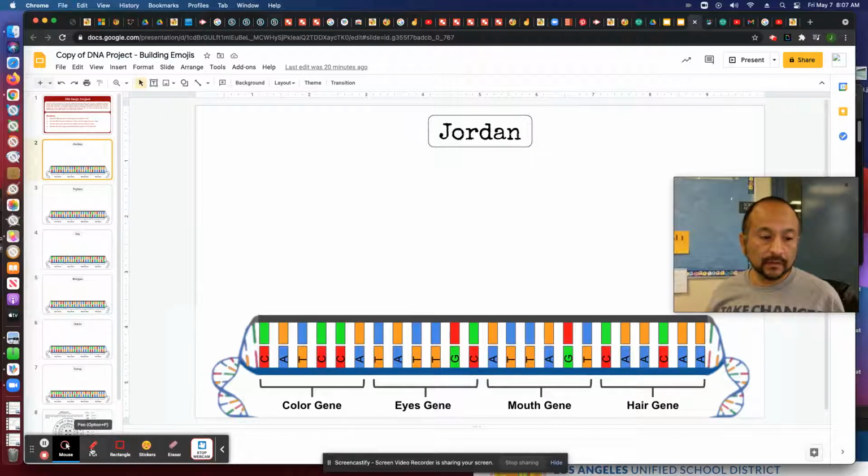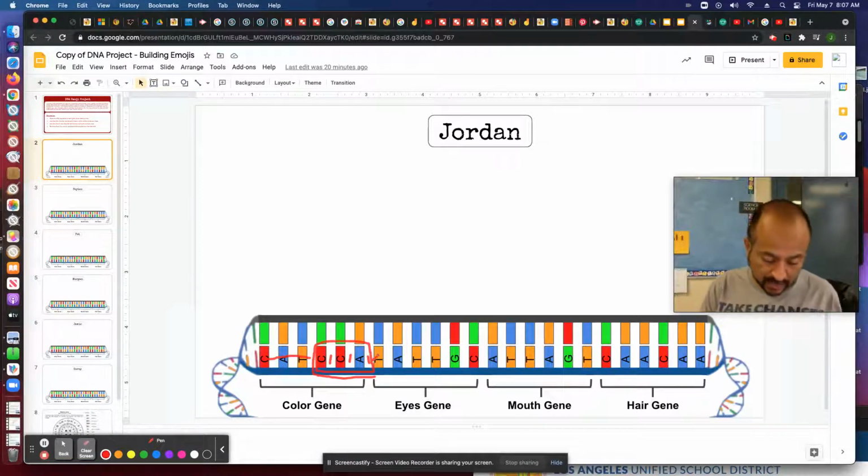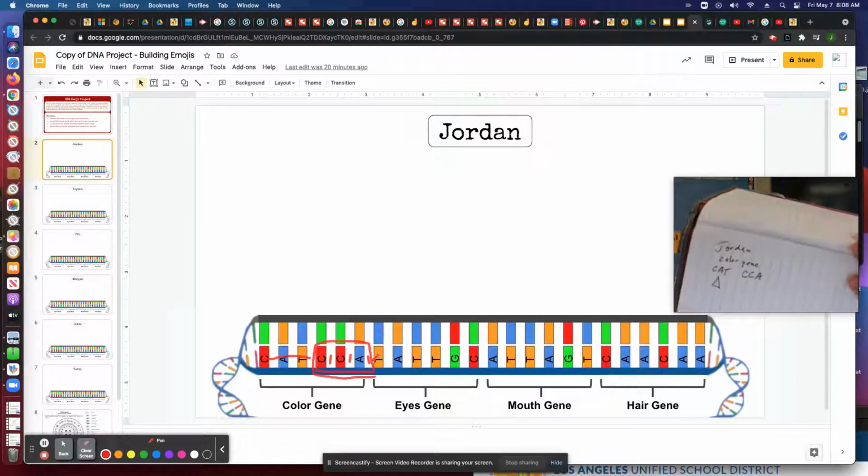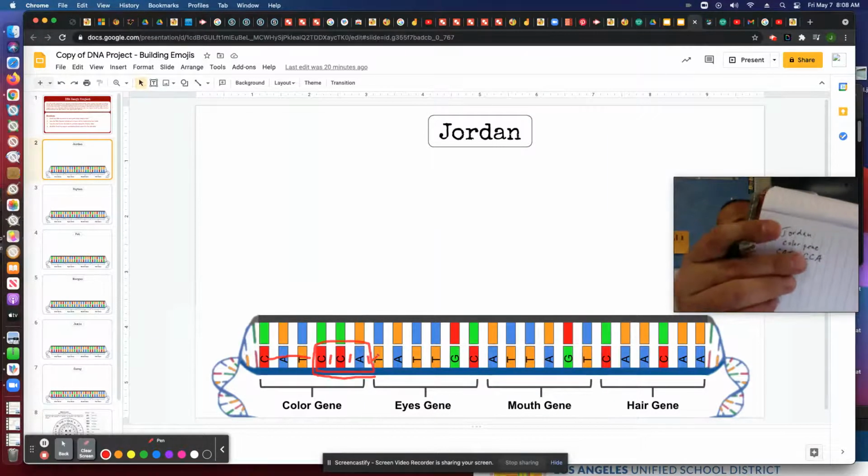We figured out this one, right? Now we're figuring out the last three, which are the letters C, C, and A. We're going from left to right. C-C-A. So I'm going to write C-C-A. I've written C-C-A.